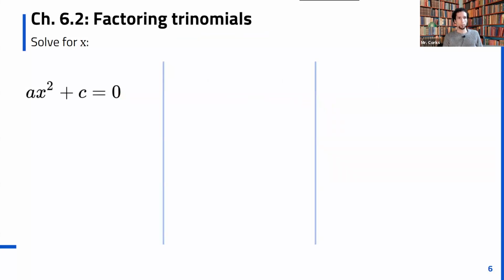So let's say we have something like this, and we want to solve for x. What could we do? We can move c to the other side of the equation, so ax squared equals -c. We can divide by a, so x squared equals negative c over a.